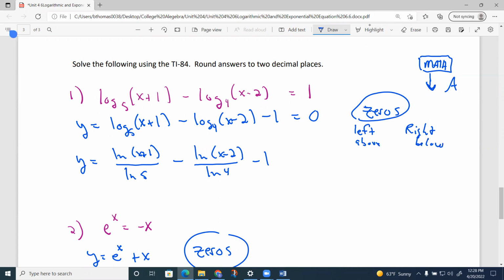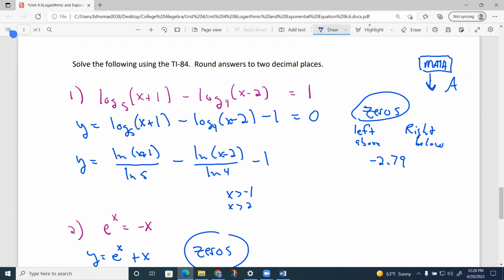And when you find that point of intersection, you should end up with negative 2.79 as the solution. Now, again, we do have a domain restriction here. X has got to be greater than negative 1. And X has got to be greater than 2.